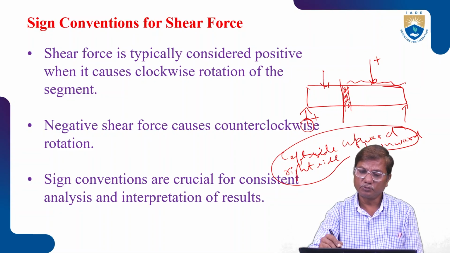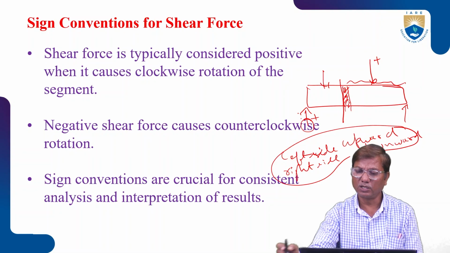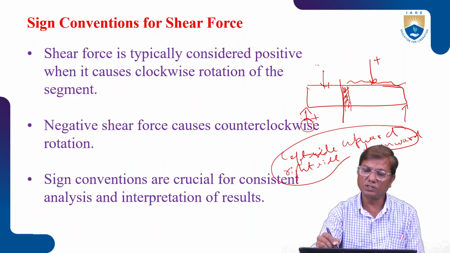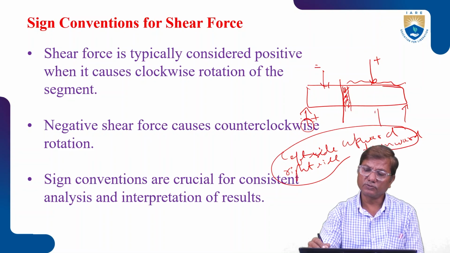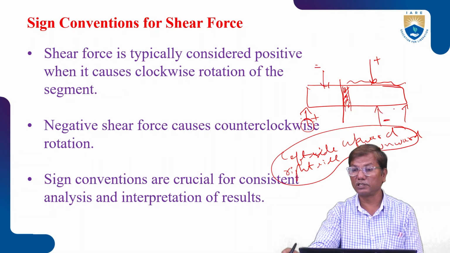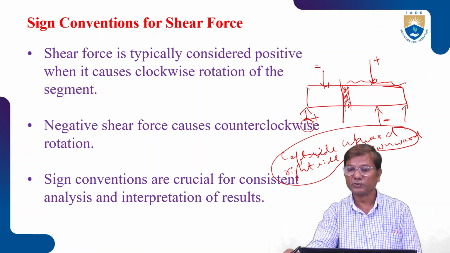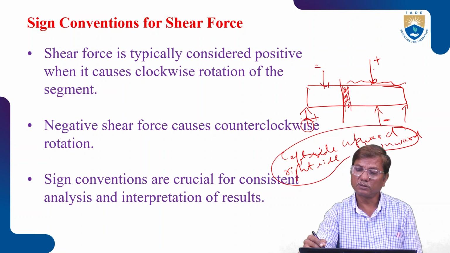If the forces are upwards on the left side, we have to take them positive, and downward will be negative. Right side downwards are positive, and right side upwards are negative.